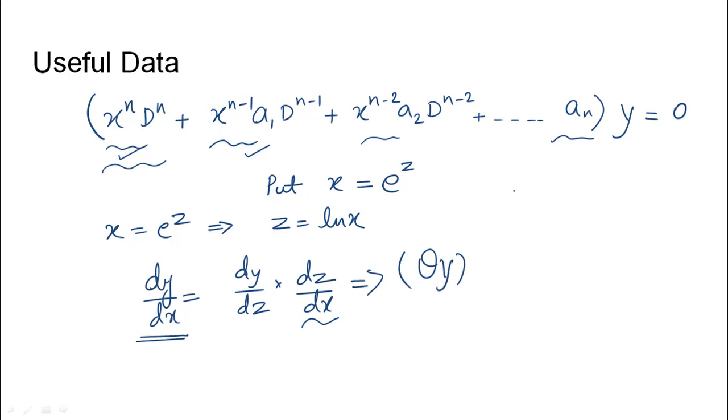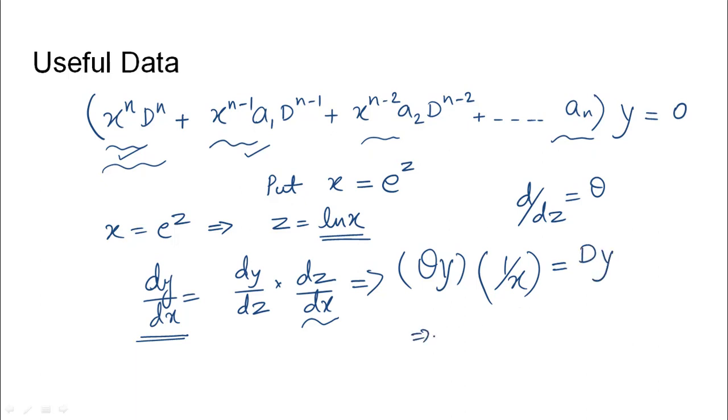So here d by dz has been changed with theta. This will be multiplied with dz by dx, that will be 1 by x, as the derivative of ln x would be 1 by x. This is equal to the derivative of y, that is dy. This would give theta y equals dy into x.